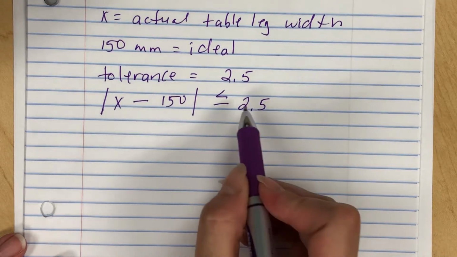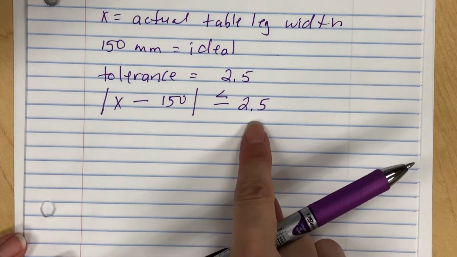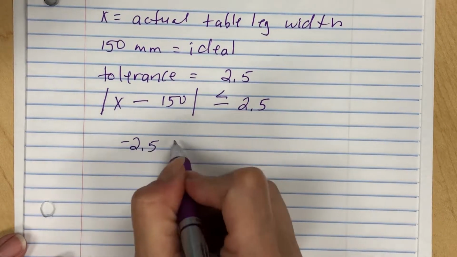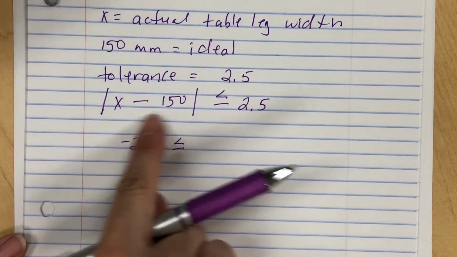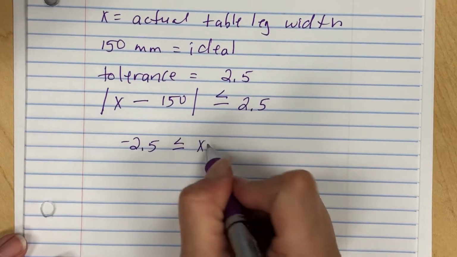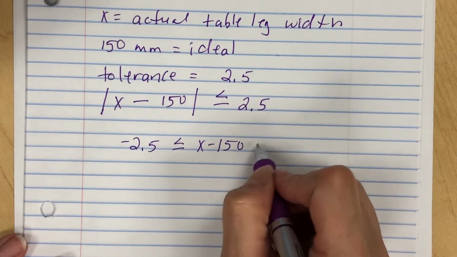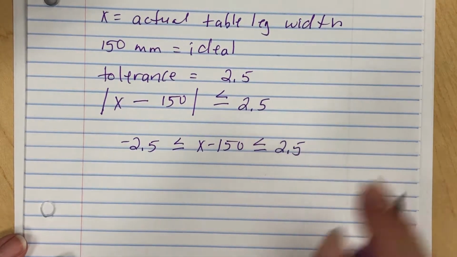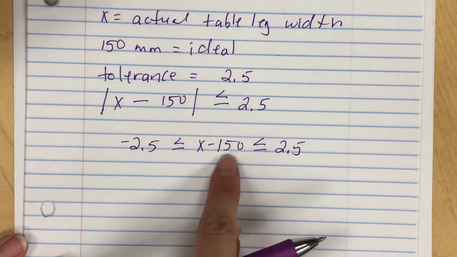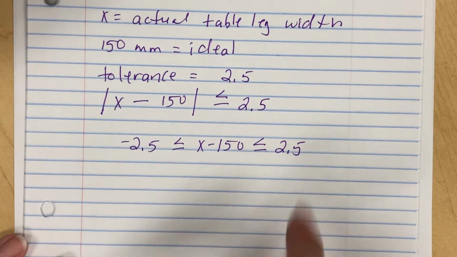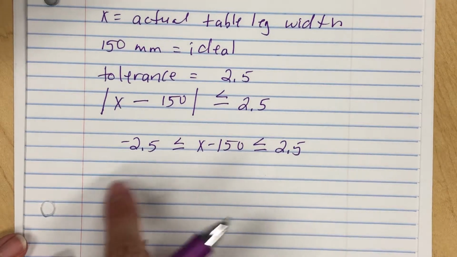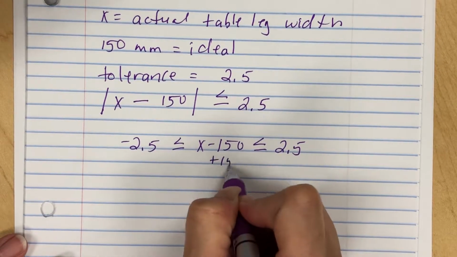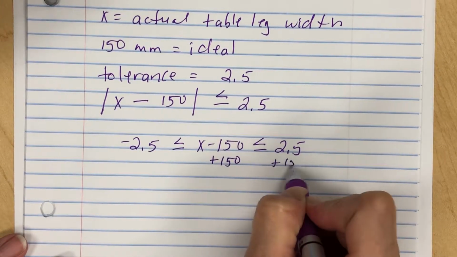So we need to set it up as negative 2.5 less than or equal to the inside of the absolute value bars, X minus 150, less than or equal to the constant 2.5. So X minus 150 has to be between negative 2.5 and positive 2.5. To continue solving, we need to isolate X, so we'll add 150 to all three sides.